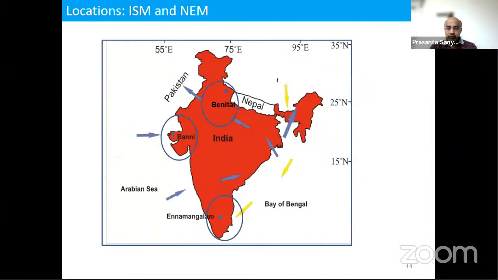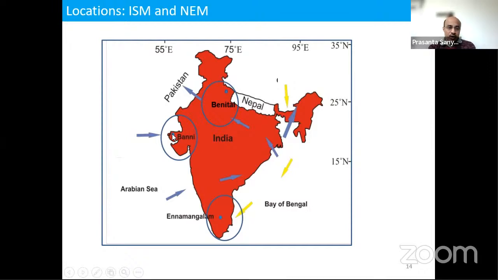The isotopic composition of this alkane can be used to reconstruct past rainfall and past vegetation. So we selected three different locations. One is a lake in Benital, which is in the northwestern Himalaya, at an altitude of 2 kilometers.